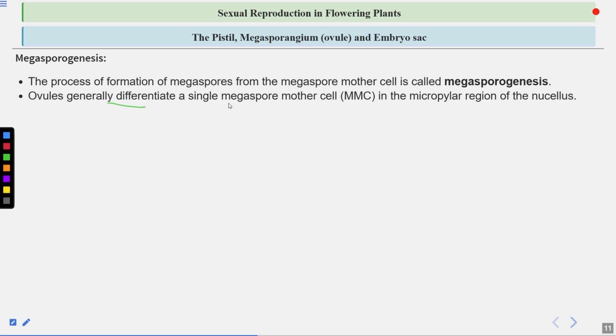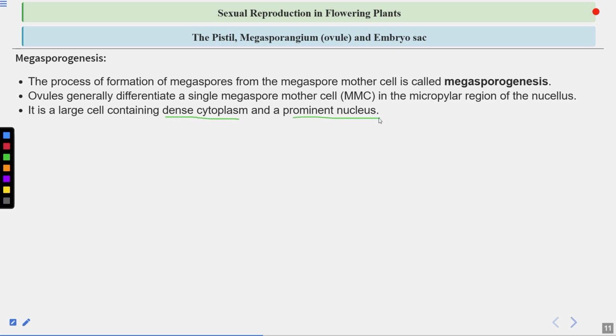Ovules generally differentiate a single megaspore mother cell, MMC, in the micropylar region of the nucellus. So one of the nucellus cells gets modified and forms the megaspore mother cell, generally near the micropylar region of the nucellus. It is a large cell containing dense cytoplasm and a prominent nucleus.